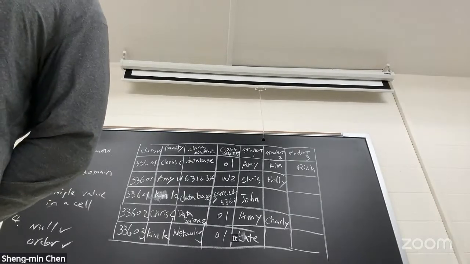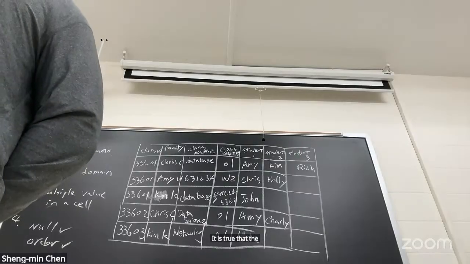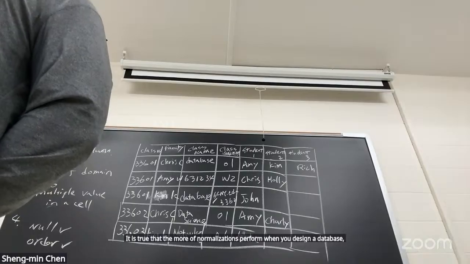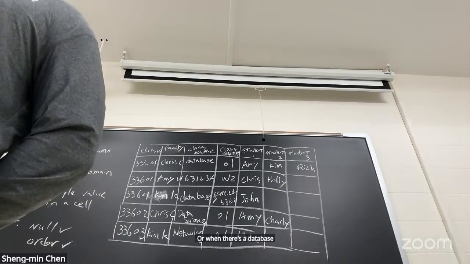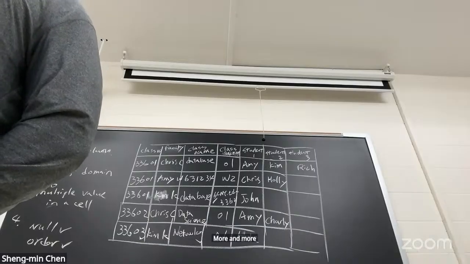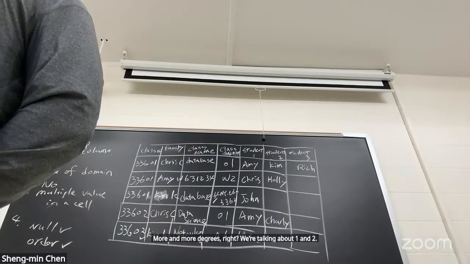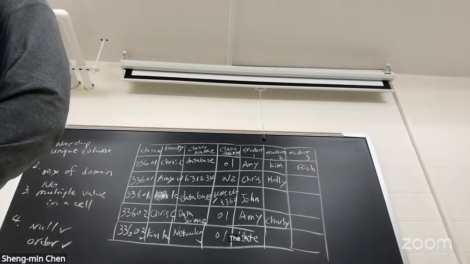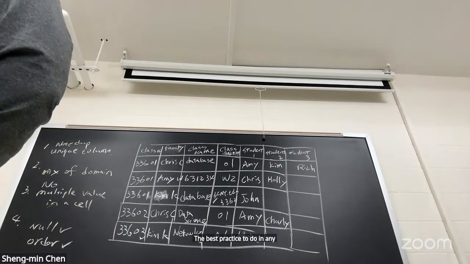It is true that the more normalization you perform when you design a database, or when you refactor it and normalize it to more and more degrees, right? We're talking about 1 and 2, which is the basic two levels, which I think is the best practice to do in any normal case.